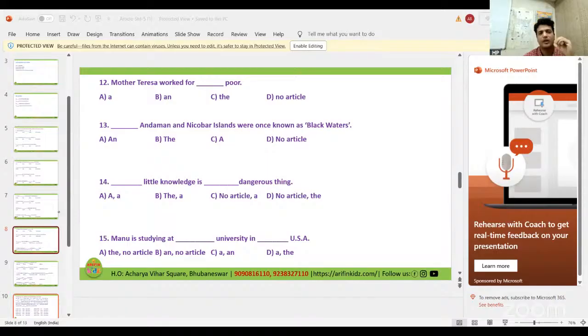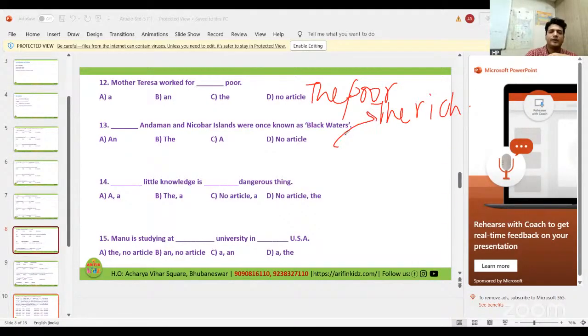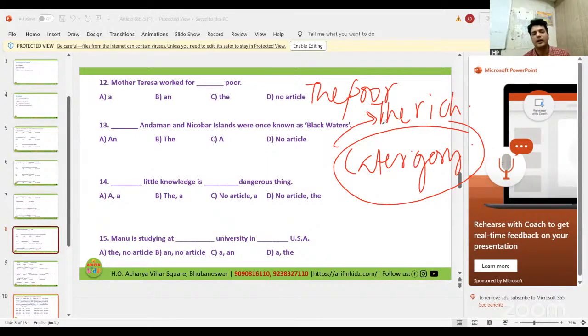Now, Mother Teresa worked for क्या होगा? Yes. Whenever we mention in English the poor, the rich, right? Specify one particular category, right? So it is the poor, the rich.